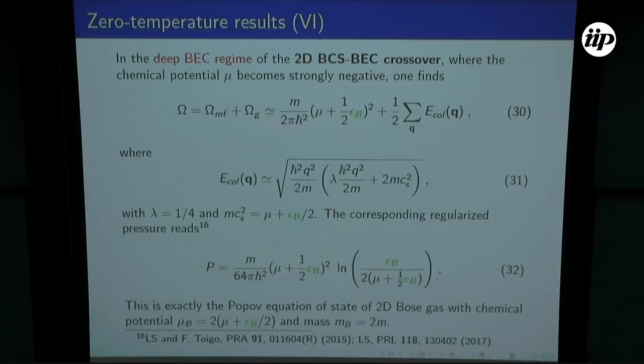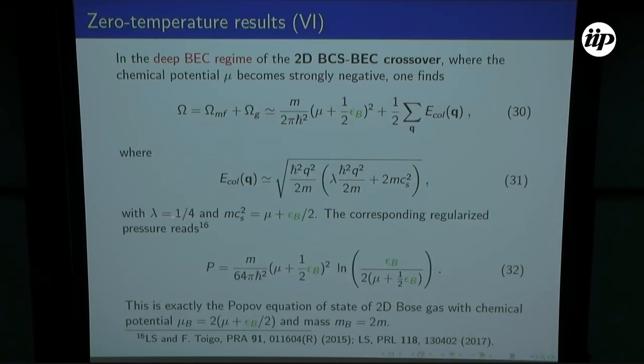By the way, at zero temperature, the Gaussian fluctuations give only the zero-point energy of collective excitations, this term here. And the collective excitations are given by this formula, that is a sort of Bogoliubov spectrum, where there is this lambda and this c_s.